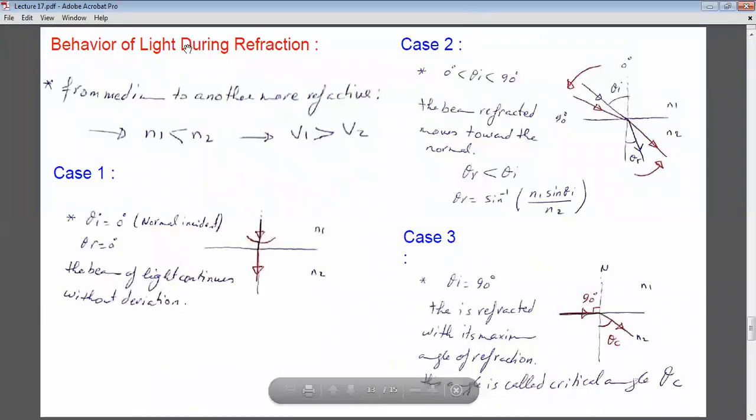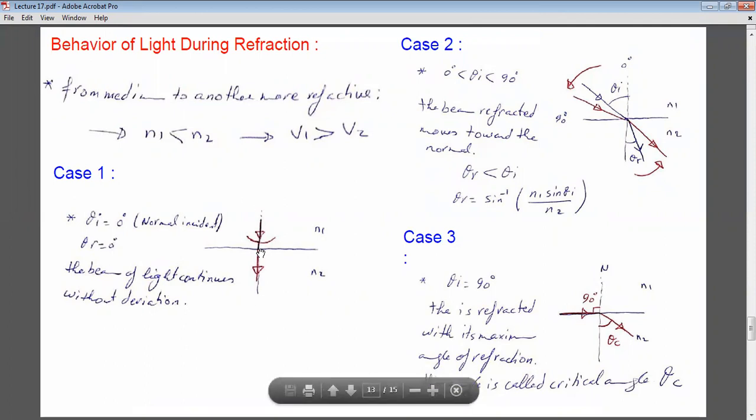Now, the behavior of light during refraction. If we are moving from a medium to another more refractive medium, that is n1 less than n2, or v1 higher than v2. Now what are the three special cases?